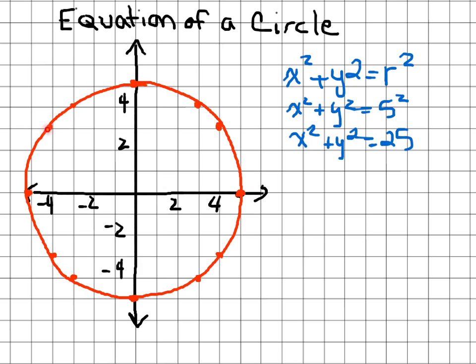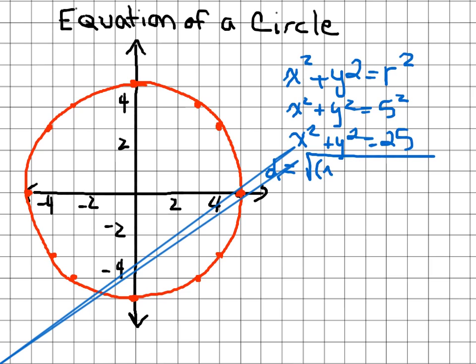So if I was going to calculate the distance using the distance formula, you'll see how this will look the same. The distance is equal to the square root of x2 minus x1 all squared plus y2 minus y1 all squared.